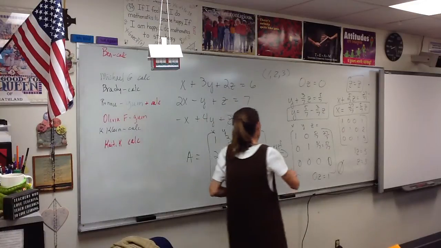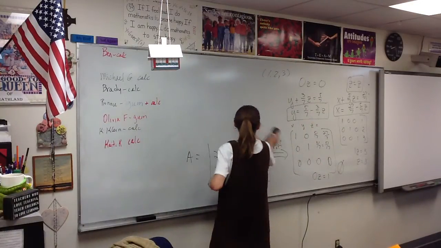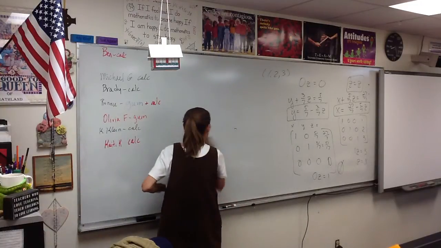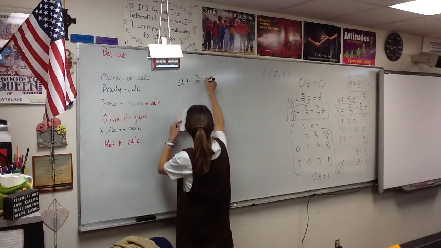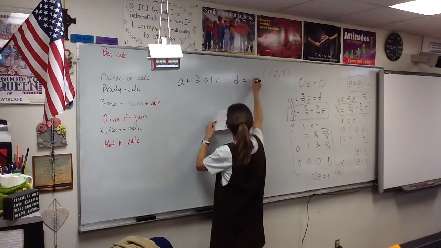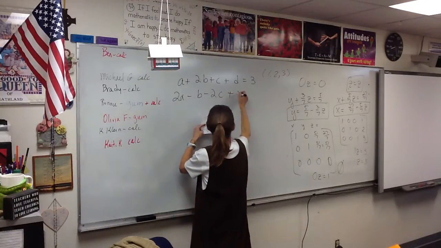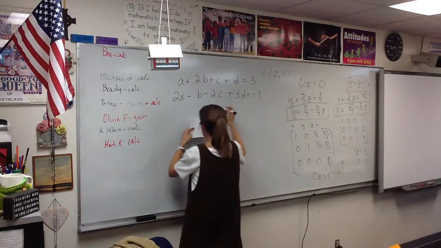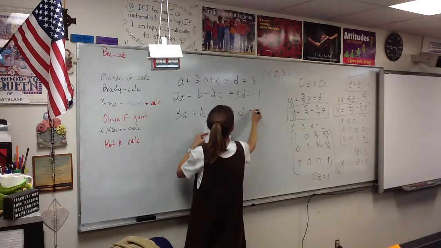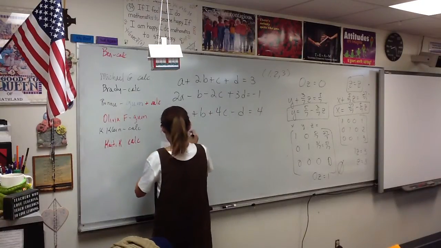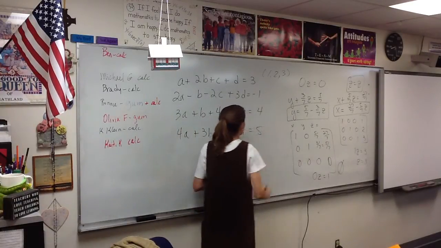I'll give you a little bigger one this time. Not that it matters because you're doing it on your calculator, so it really doesn't matter how big it is. But here we go. A plus 2b plus c plus d equals 3. 2a minus b minus 2c plus 3d equals negative 1. 3a plus b plus 4c minus d equals 4. 4a plus 3b plus 5d equals 5.